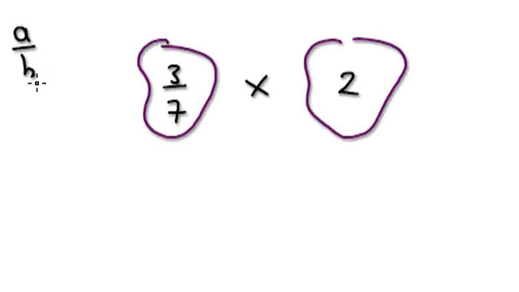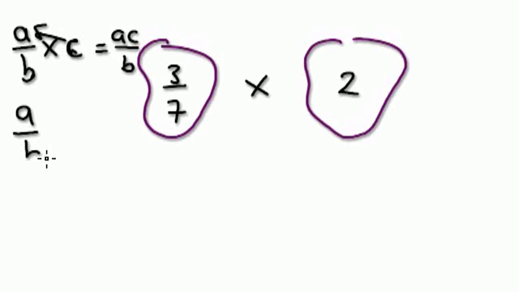Remember this? A over B, when you times C, it becomes AC over B. So this C gets multiplied to the top. And if it's divide, then it gets multiplied to the bottom, so it becomes A over BC.